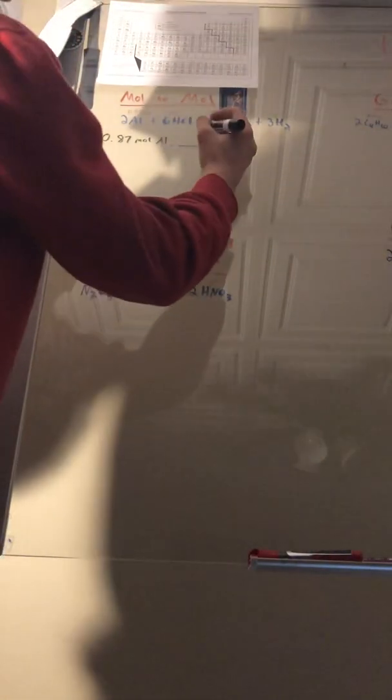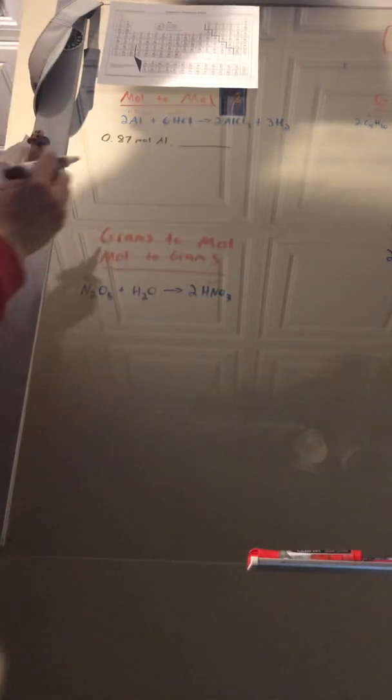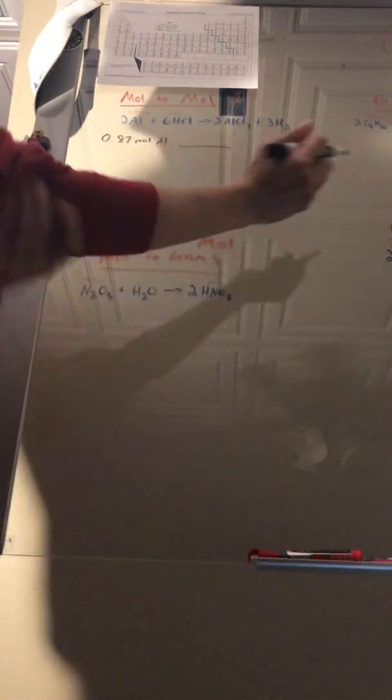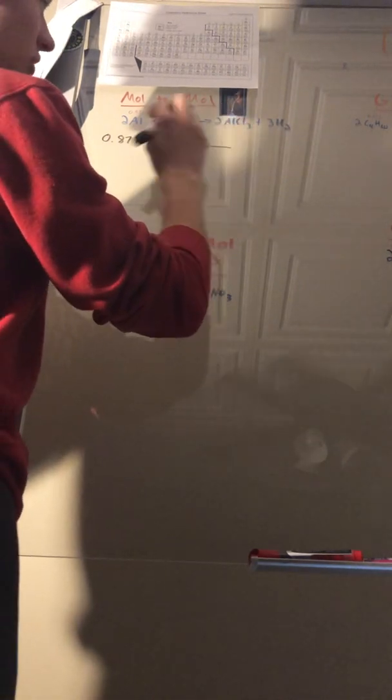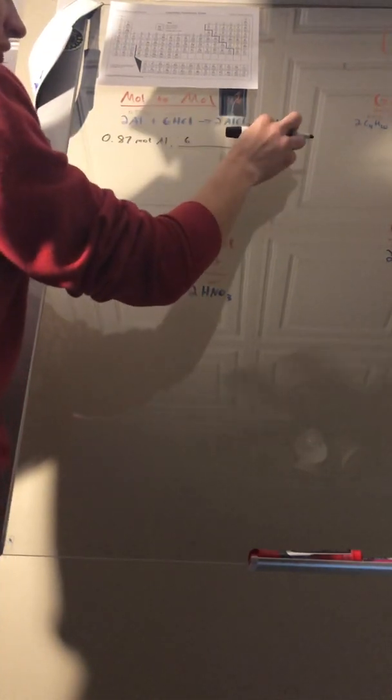Now, all you're going to do is, you can tell from the reaction, you want to find the moles. So your unknown, the one you're always trying to calculate for, is always going to go on top. The coefficients in front of the reaction are the mole ratio.